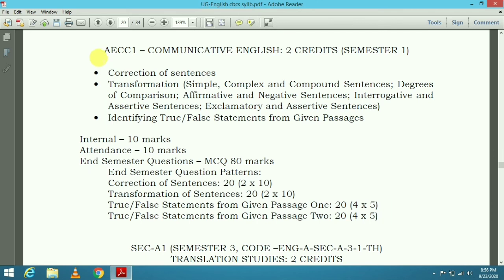So here is the syllabus of your AECC 1, Communicative English, 2 credits, and you have this in your semester 1. You have to study it properly. Correction of sentence, transformation, simple, complex and compound sentences, degrees of comparison, affirmative and negative sentences, interrogative and assertive sentences, exclamatory and assertive sentences, and then identifying true false statements from given passages.